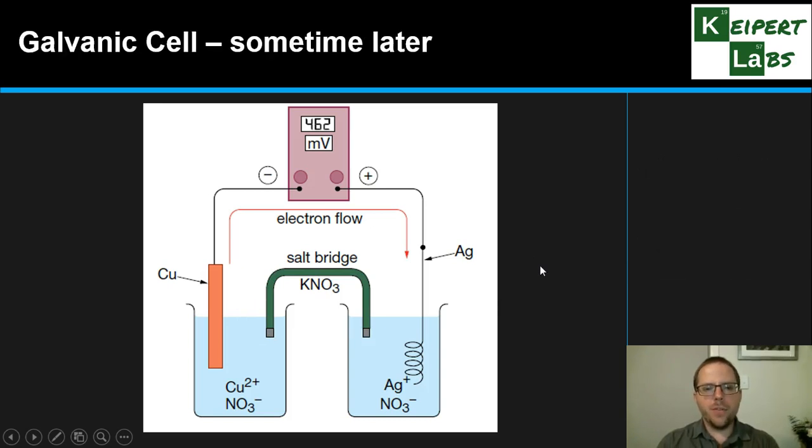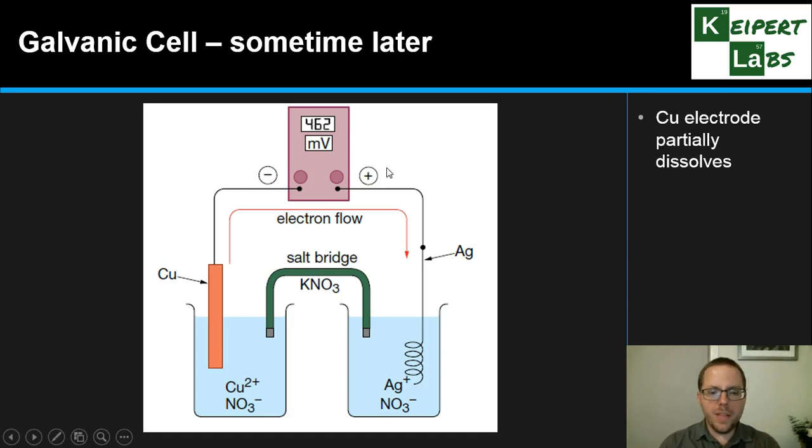If we took a galvanic cell that was set up like this, there would be some things that we would notice over time. Now, I realize this is a diagram, not a photo, but I can't work miracles. What we would see is that the copper electrode, the piece of metal, would be partially dissolved or corroded. It would have slightly eaten away.